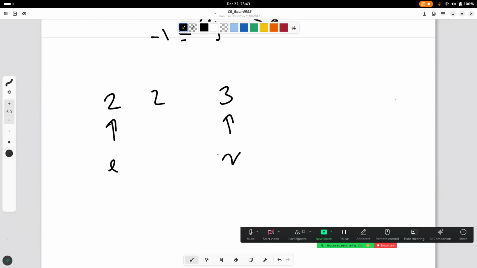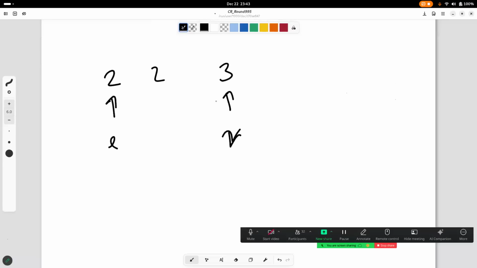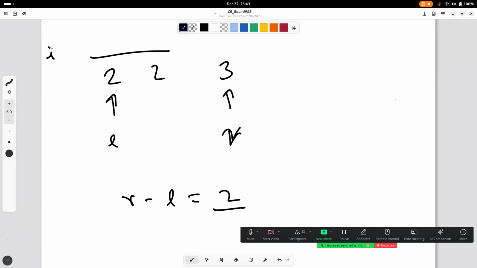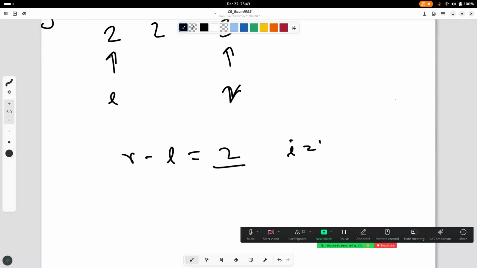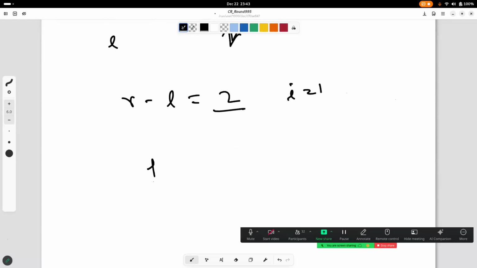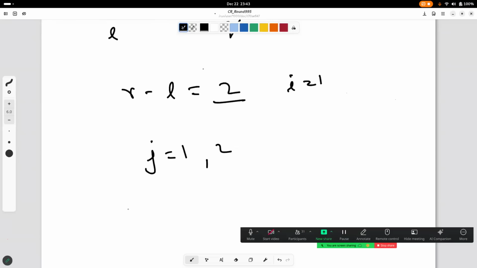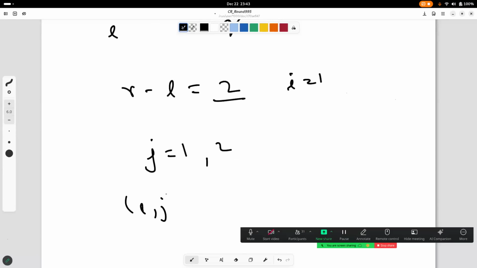And we just add R minus L, which is 2, to our answer. But what does this R minus L equal to 2 correspond to? That corresponds to taking an index j equal to 1 and j equal to 2. So our ij values in this case would be (1,1) and (1,2).